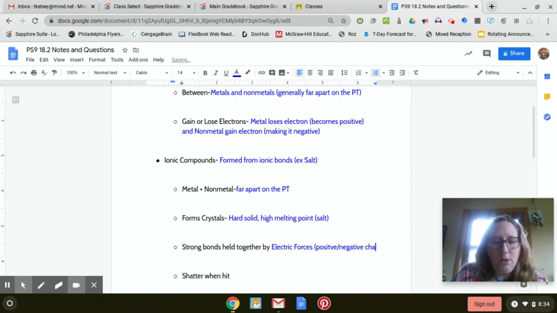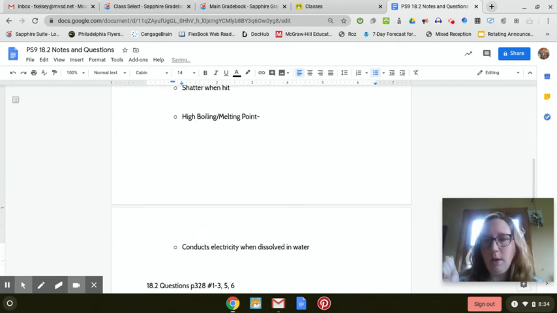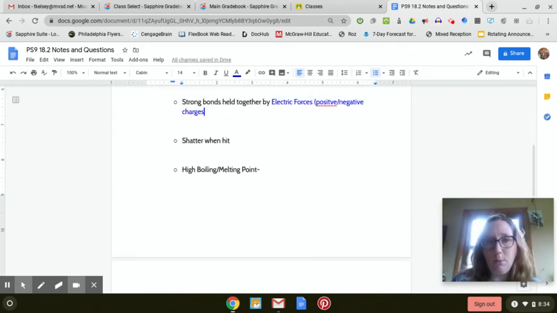Generally, if I took an ionic compound, it would shatter if I hit it with a hammer, because it breaks along those bonds. Another quality of an ionic bond is that they have high boiling and melting points.